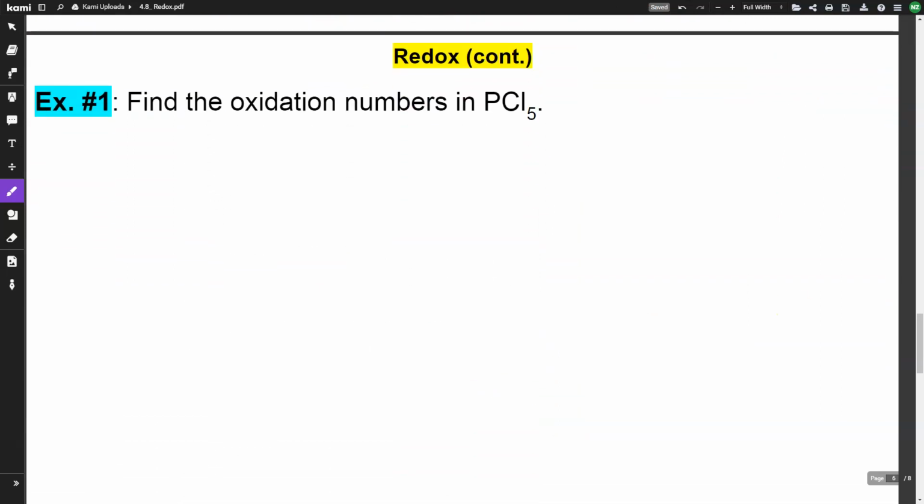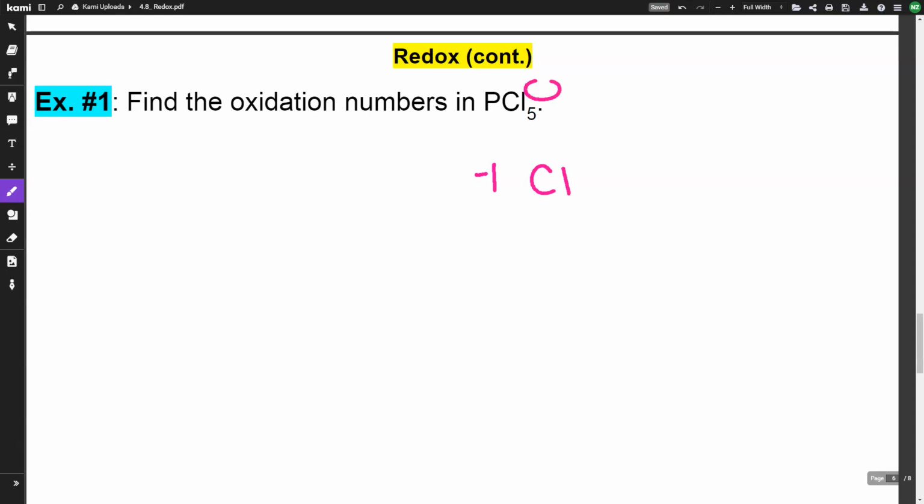All right, we already did this one, but let's go through and do it anyway. It says find the oxidation numbers in phosphorus pentachloride. Chlorine is the most electronegative, so chlorine's oxidation number is going to be -1. For phosphorus, we have to look at the overall charge of the compound.